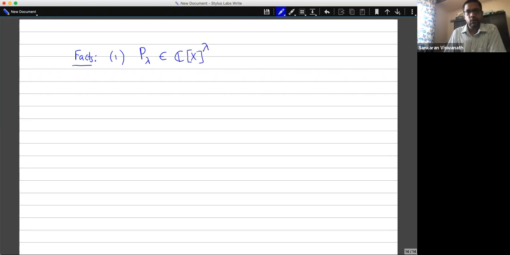Cx lambda, recall, is already invariant under the action of the affine Hecke algebra, certainly under the finite Hecke algebra. So when you act 1, 0 on it, 1, 0 being an element of the finite Hecke algebra, it's going to give you some element in the same space. So P lambda lives in this space, and we've also realized, because it's a trivial representation, that it's symmetric.